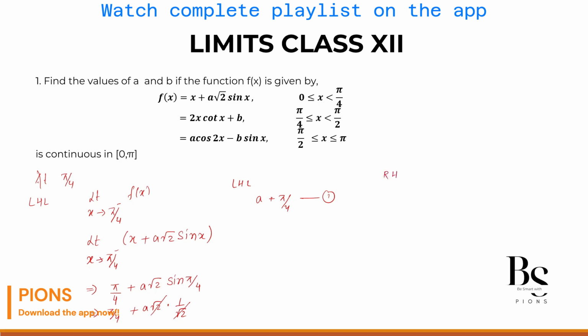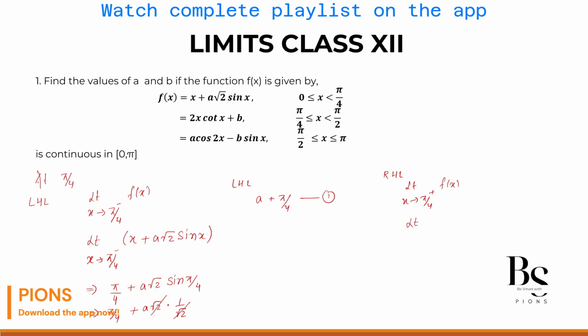Let's figure out RHL at pi by 4. So right hand limit will be limit x tending to pi by 4 positive of f of x. Now for x tending to pi by 4 positive, I have already explained this, it corresponds to this, which function is it? This one. So it will call that function.